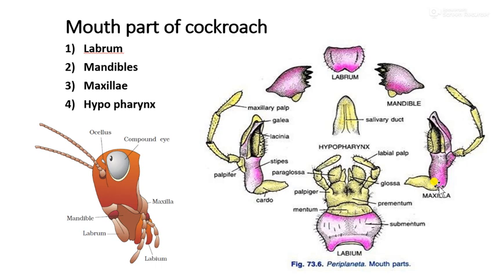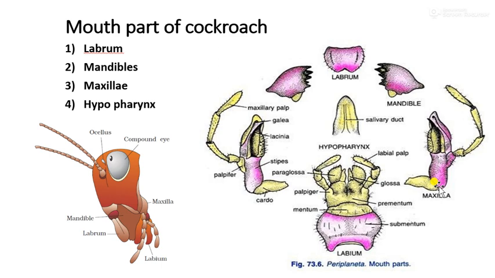They are behind the mandible. Maxillae are also attached to the head capsule by muscle, and each of them consists of many podomeres. Each maxilla has a basal protopodite having cardo and stipes podomeres bent at right angles to each other.